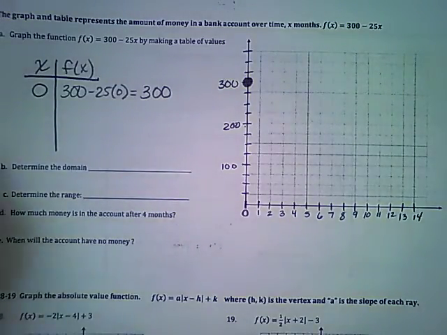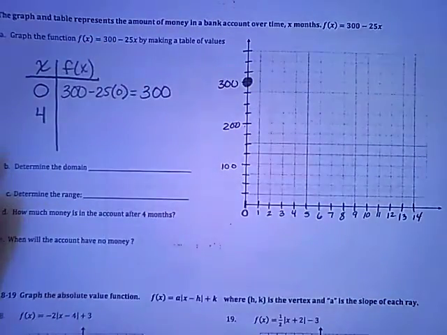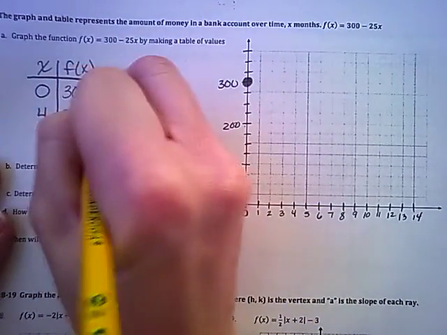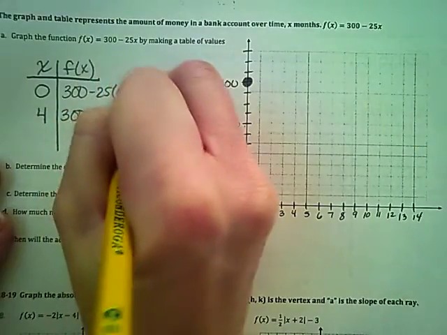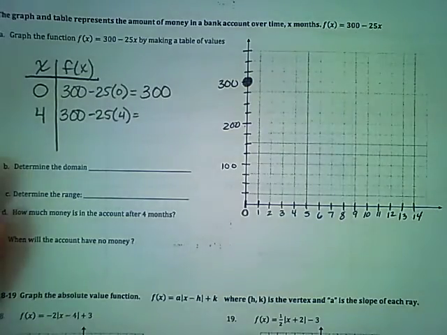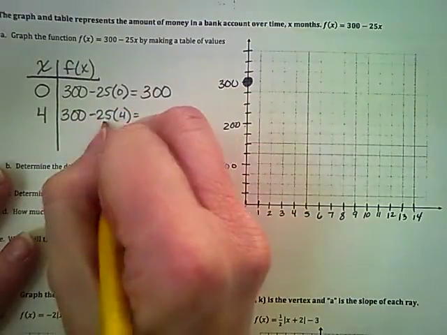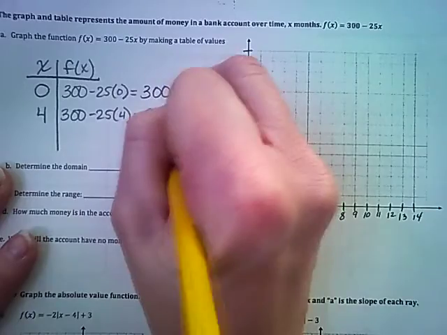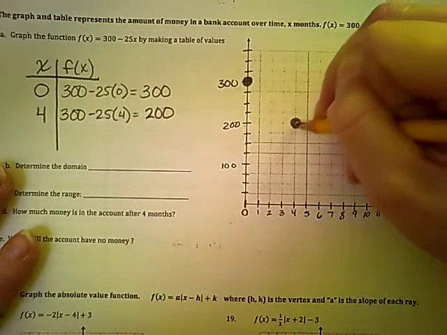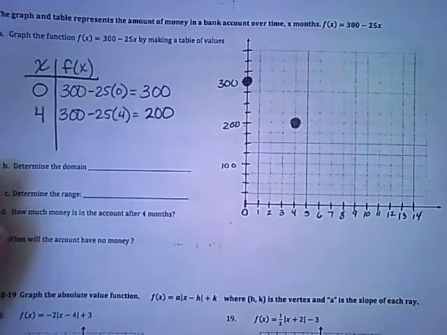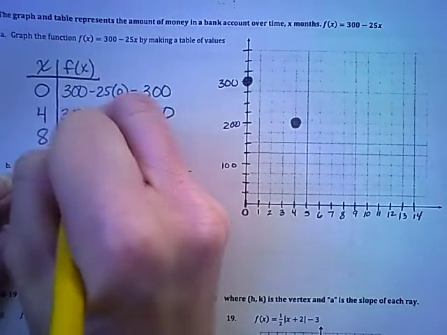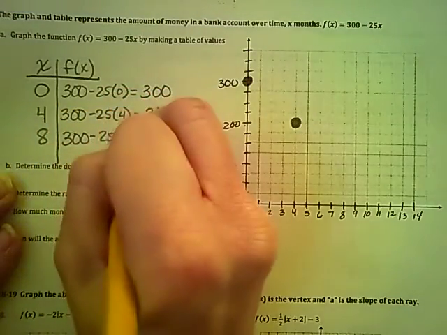When x is 0, your function is at 300. Let's do when x is 4. Now I'm just picking these values. You just pick some values for x. 300 minus 25 times 4. What's 25 times 4? 100. So 300 minus 100 is 200. So when x is 4, your y is 200. How about 8? 300 minus 25 times 8.